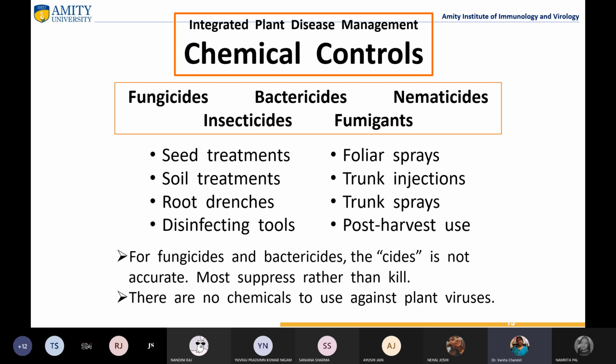For soil treatment, methyl bromide is the most common chemical. We spray or drench the soil with those chemicals so that it becomes free of the pathogen or any kind of spore.